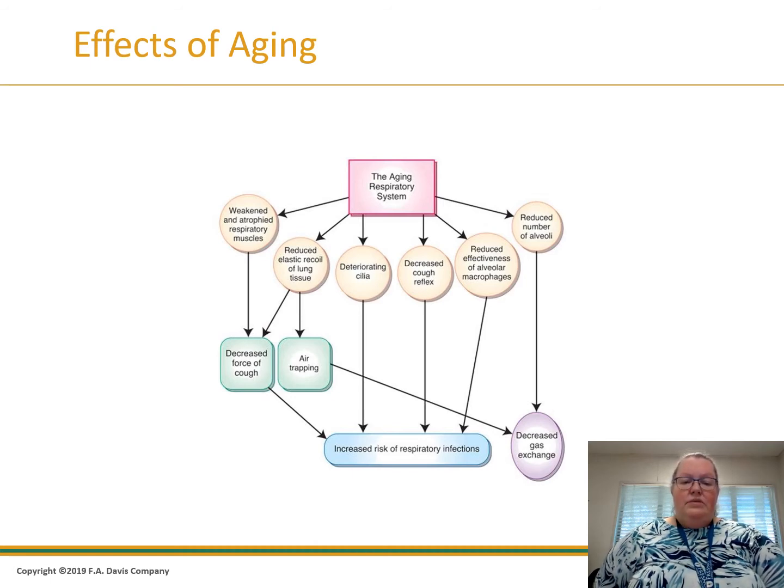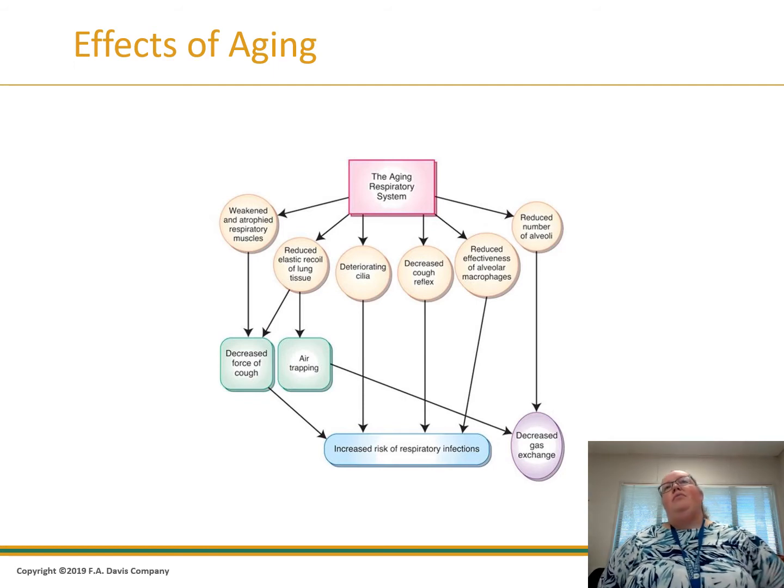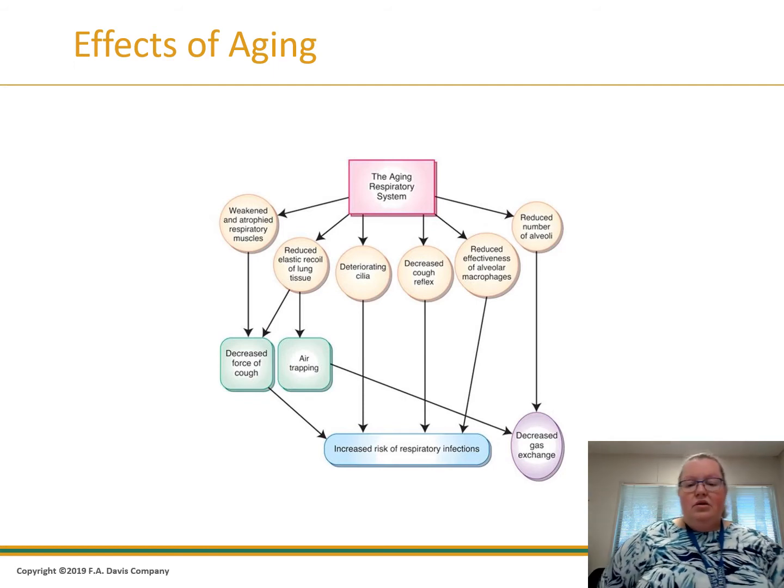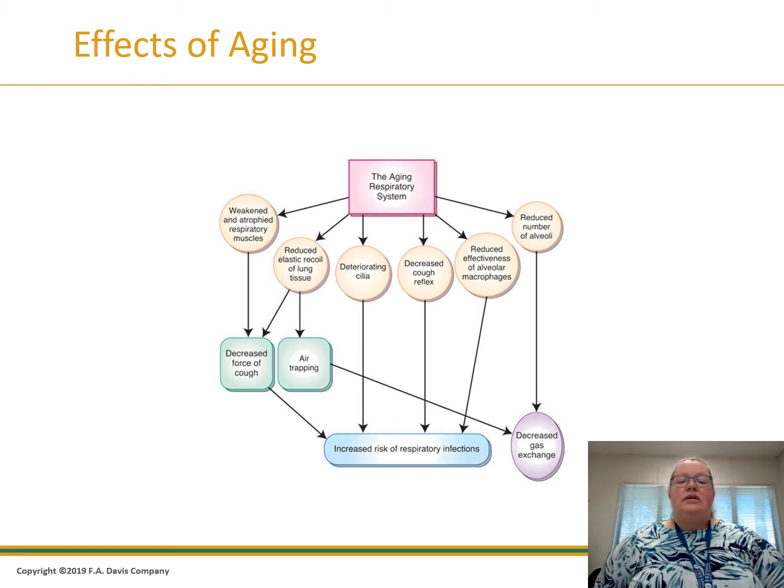Air trapping happens more often with the elderly, and a decreased force of cough because they don't have the muscle in their diaphragm any longer. So all of this is going to lead to decreased gas exchange and increased risk for respiratory infections.